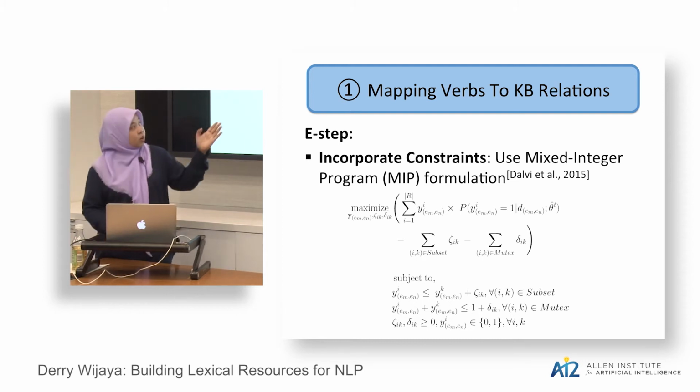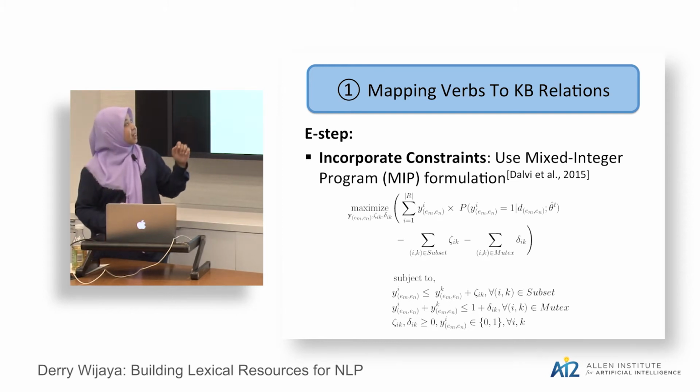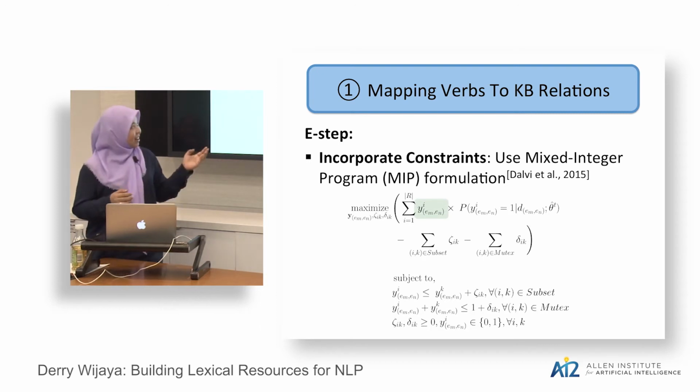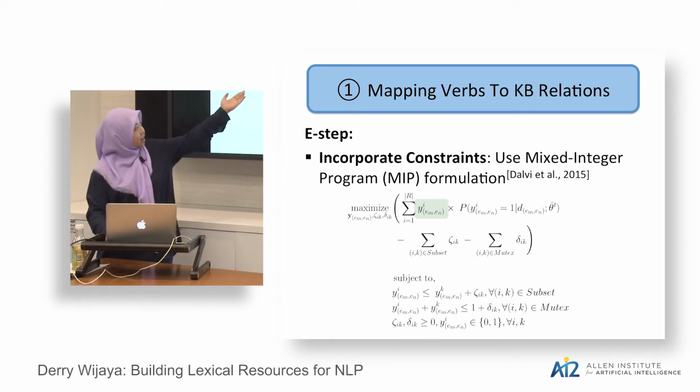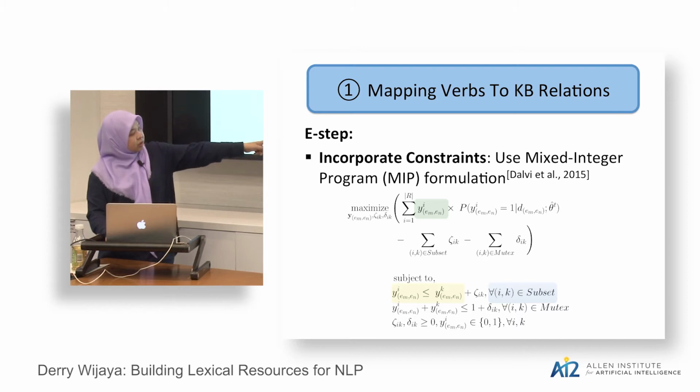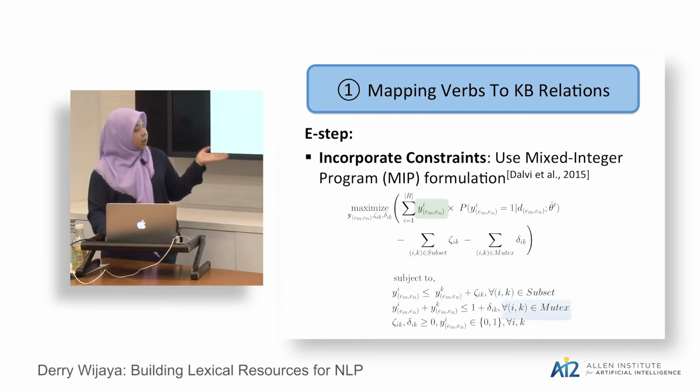So we incorporate this constraint using the mixed integer formulation following the work of Bhavna here. And given here the bit vector assignment for the entity pair EM and EN, this constraint is saying that if relation I is a subset of relation K, then if I already labeled this pair with relation I, then it should also be labeled with the relation K, otherwise impose a penalty.